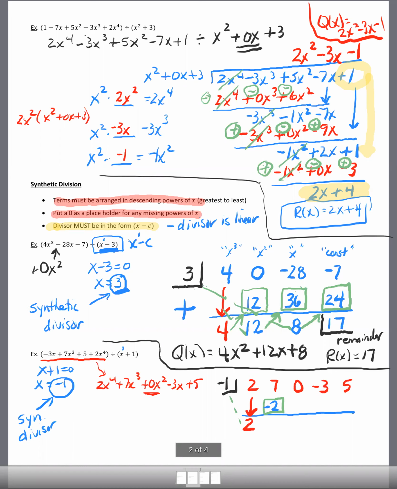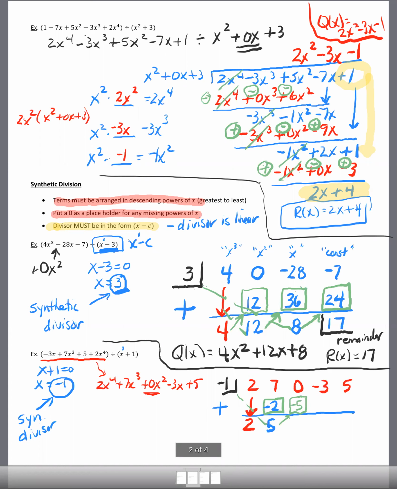Remember, in synthetic division, we always add. So 7 plus -2 actually ends up being 5. Now if we take -1 and multiply him by the 5 that you and I just got, then his value will load up the next column, and that'll be -5.